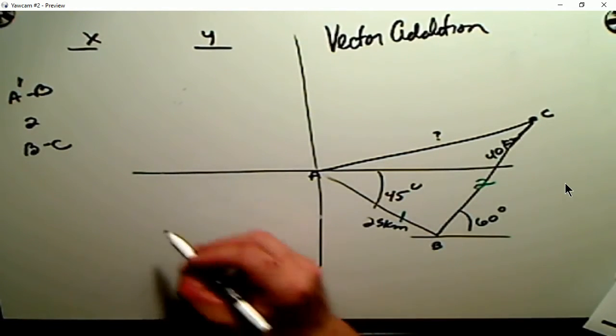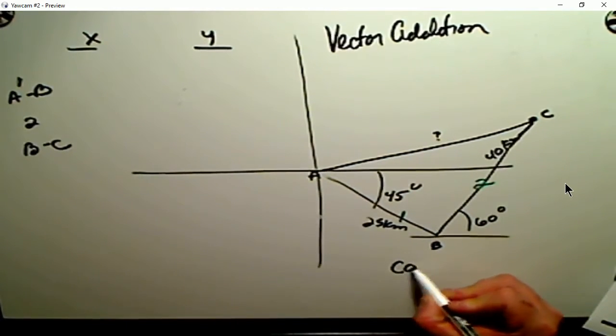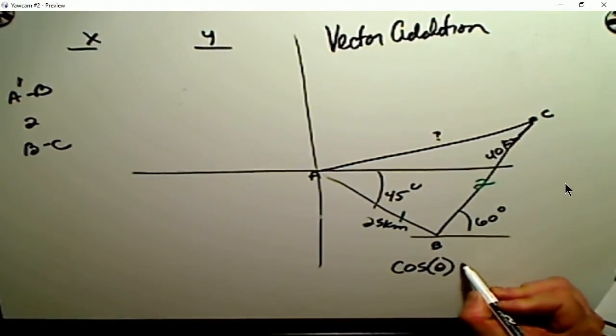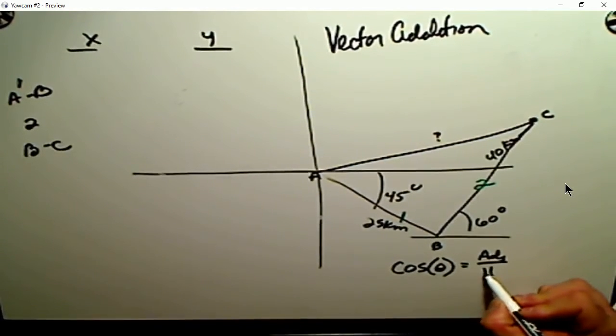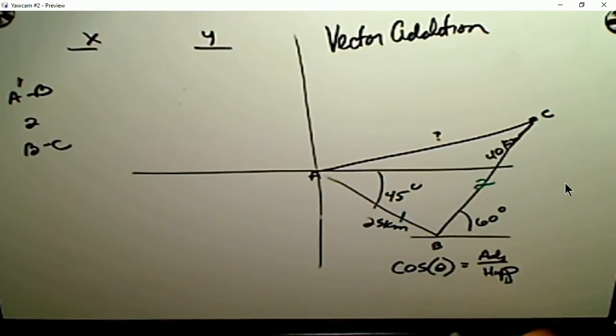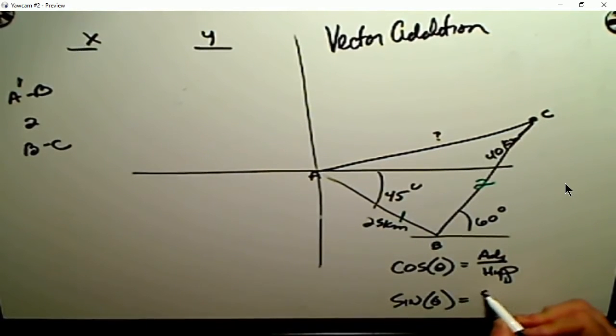So remember, we know that cosine of an angle is equal to the adjacent side over the hypotenuse. Just like we know that sine of an angle is equal to opposite over the hypotenuse.